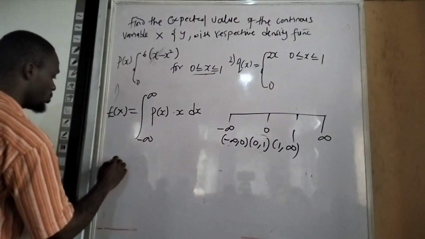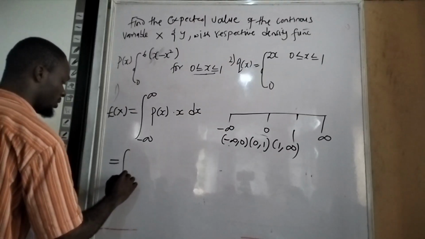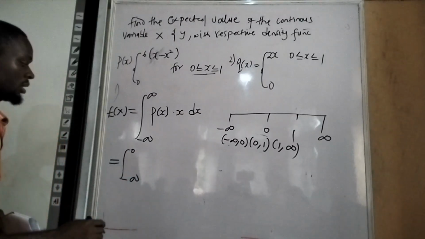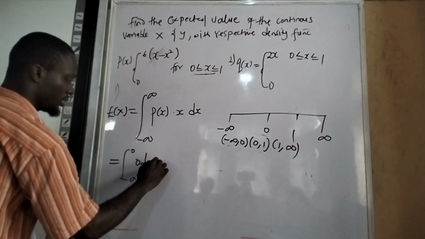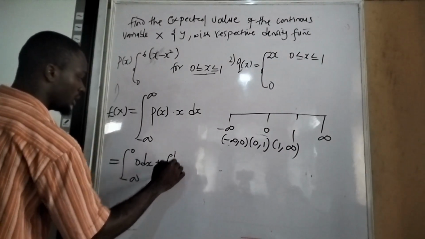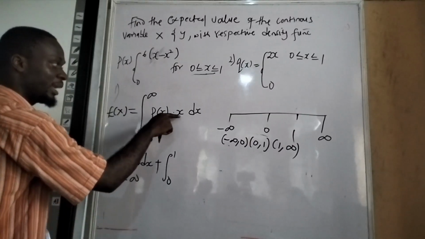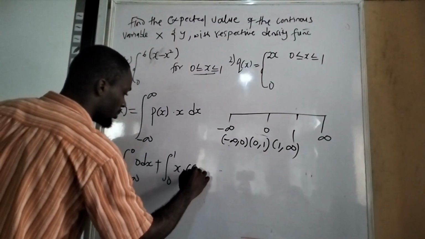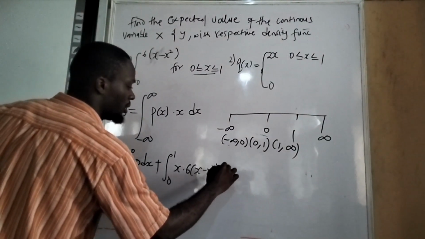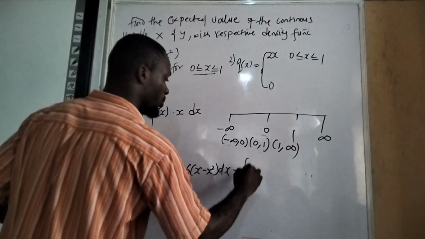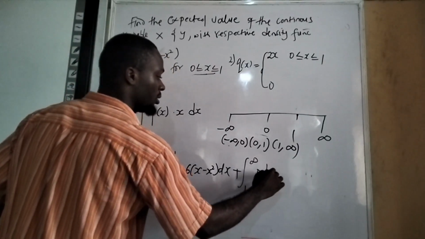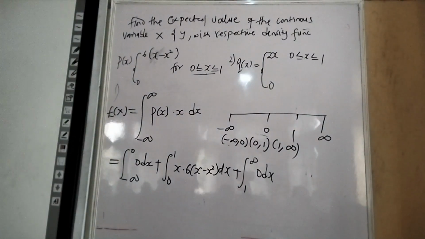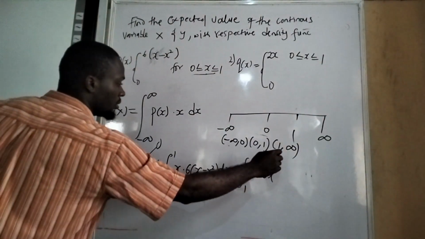So for the first one, it will be from minus infinity to 0, 0 dx, plus from 0 to 1, you multiply x times the function p of x, plus from 1 to infinity 0 dx. So this gives us 0, this will give us 0.